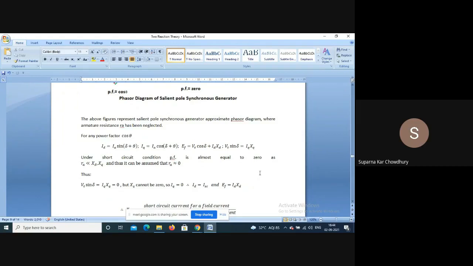Now, under short circuit condition, the power factor angle is almost 90 degrees, and considering Ra is very less than Xd and Xq, we can neglect Ra.